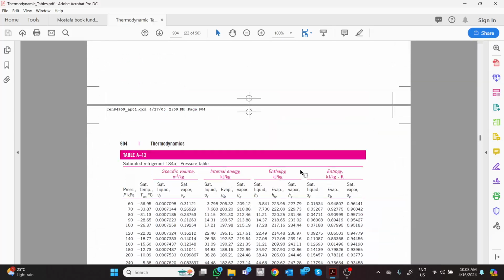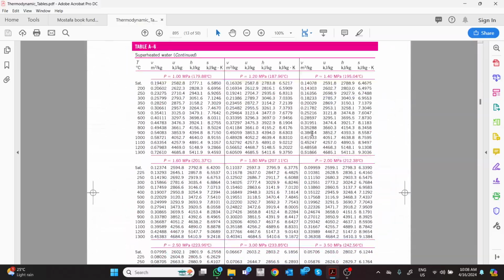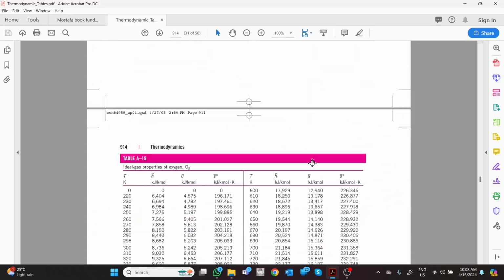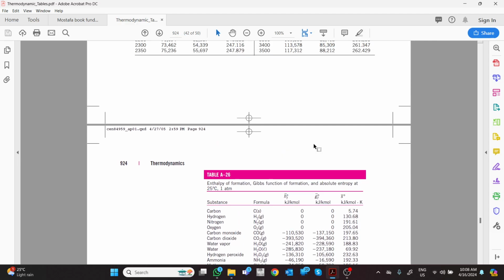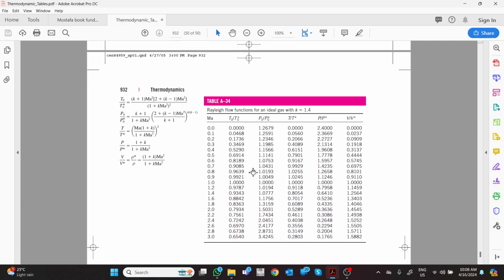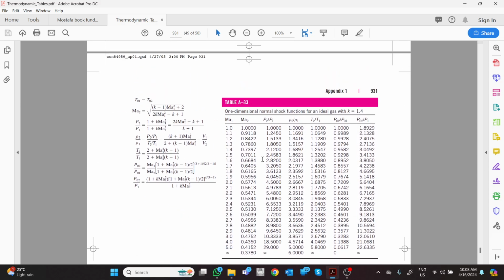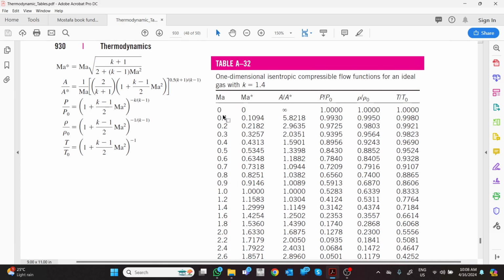We're going to discuss all of this later in the thermodynamic part. But I want to try the horsepower equation. Where is the horsepower equation? Yes, the horsepower equation.